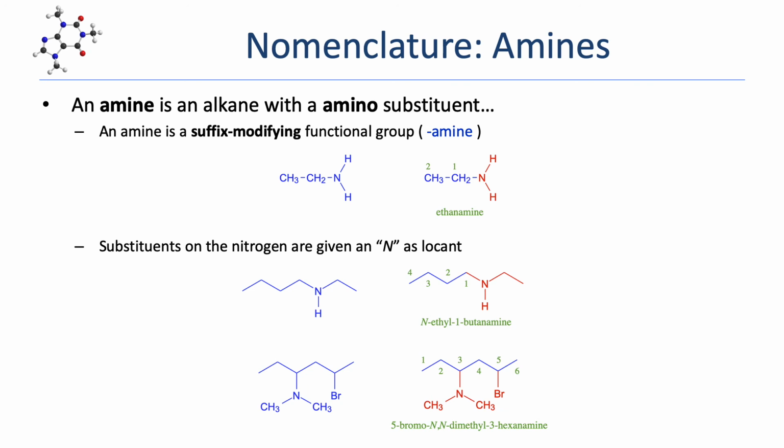Now remember, every substituent needs a locant, even if it's in the same location. And in this case, those methyl groups are on nitrogen. And that means we use that N locant, but in this case, we need it twice. So we list this out as N,N-dimethyl, separating the N's with a comma because they are locants. And of course, we have to alphabetize all the substituents. So in this case, it's going to be 5-bromo, N,N-dimethyl, and then 3-hexanamine.